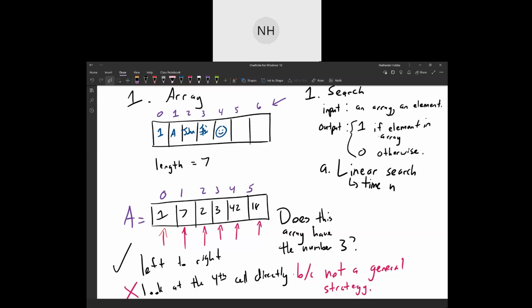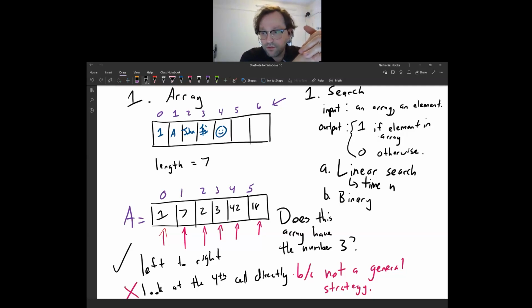Binary. Nicholas, can you explain what this is? What's a binary search? Yeah, so isn't it when you basically take the average of the indexes, so you keep dividing the array in half, and then divide the halves into halves in order to find what you're looking for? That's part of it, yeah.